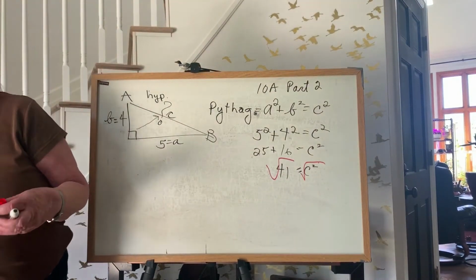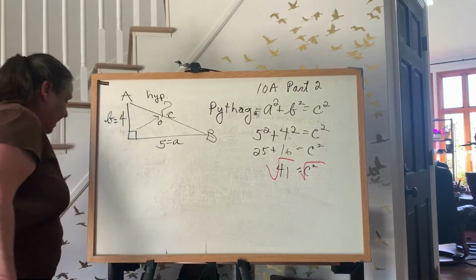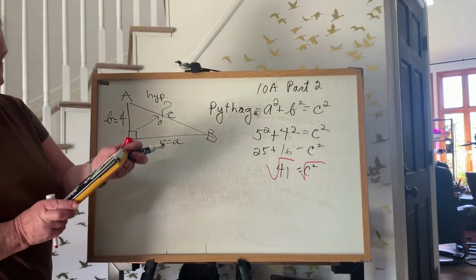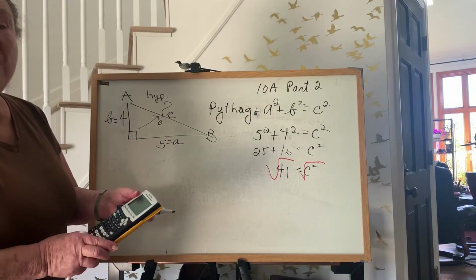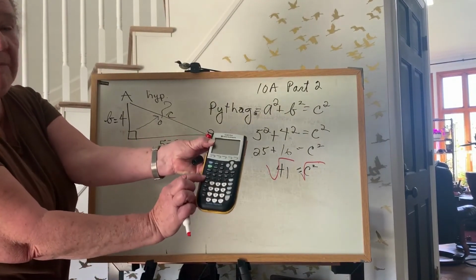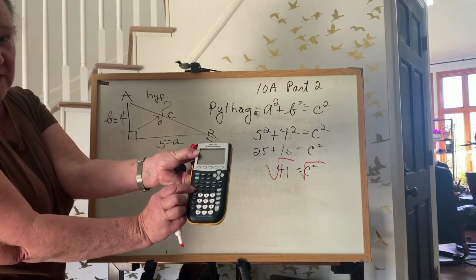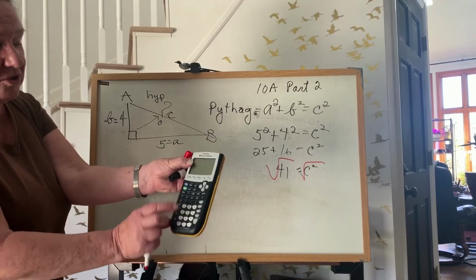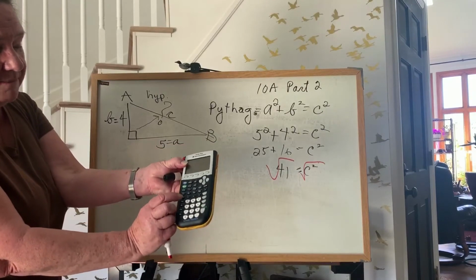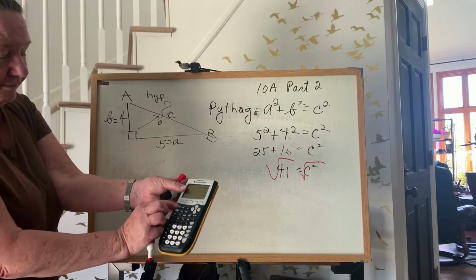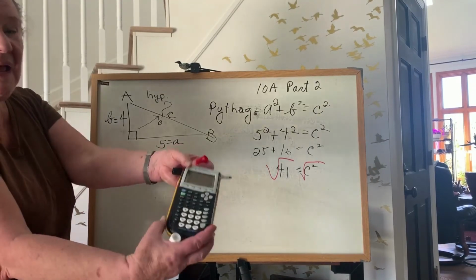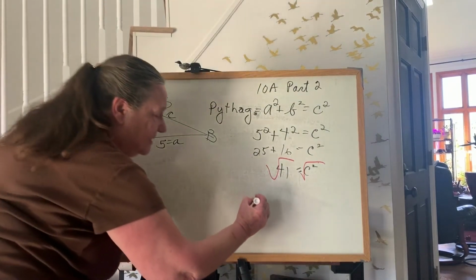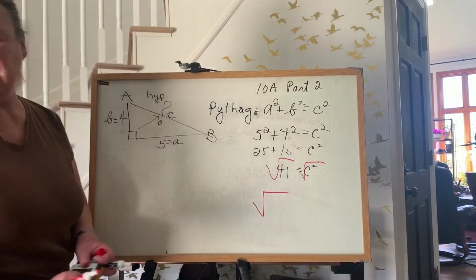So, my calculator is right here. The square root is on top of the x squared button on both calculators. So it's the second x squared. So what you're going to do is go second x squared, okay, and you should have the square root in your display.